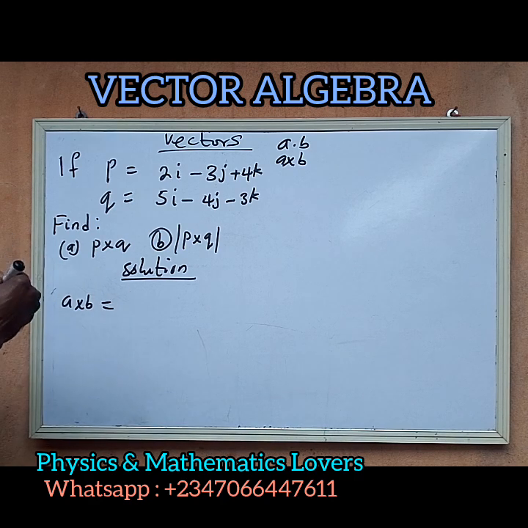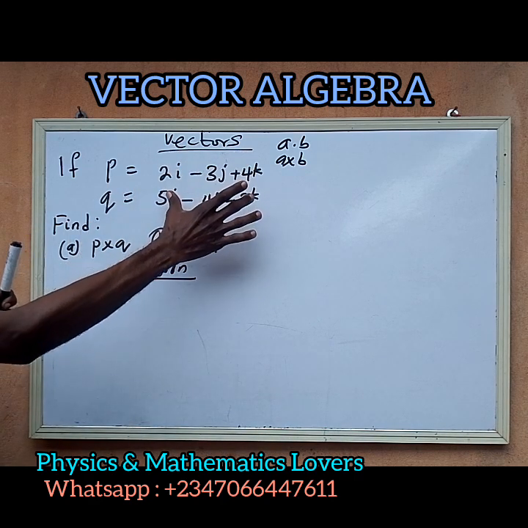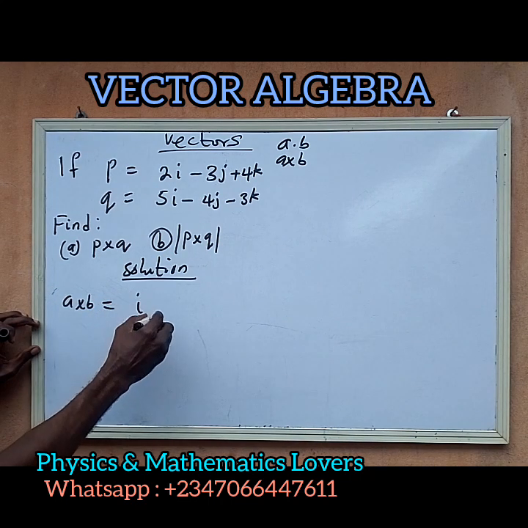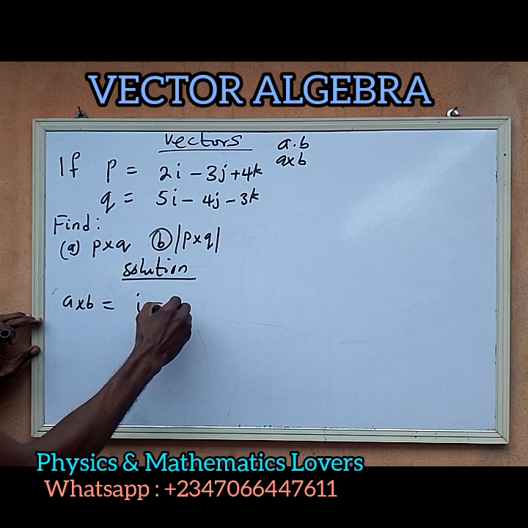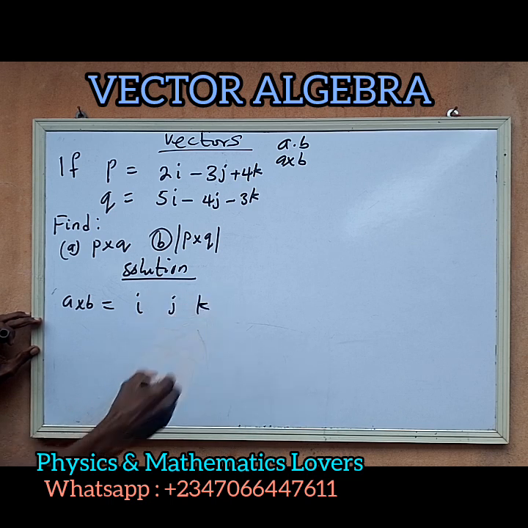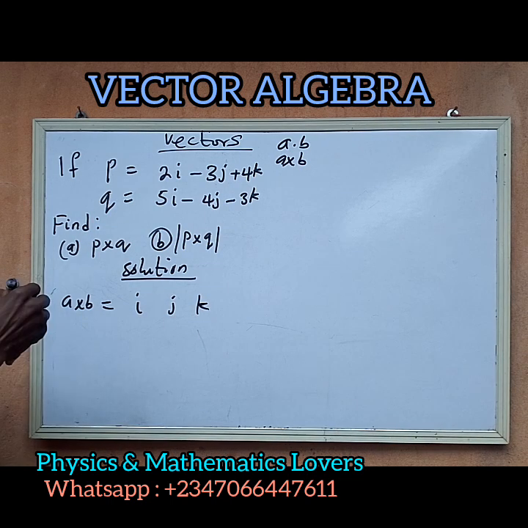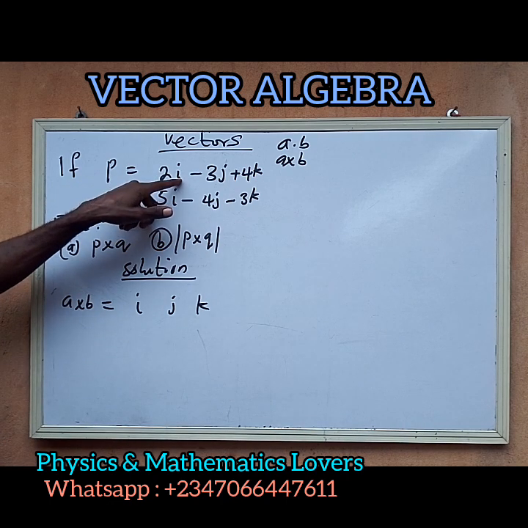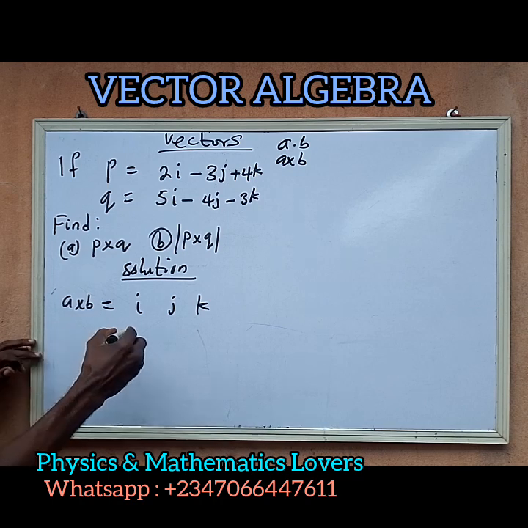We are going to write these elements in an array, that means in matrix form, taking the components i, j, k. Next, check the coefficients.